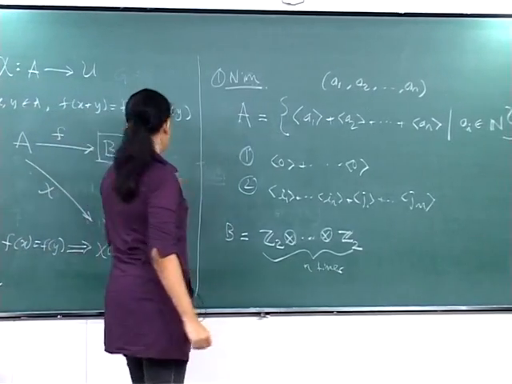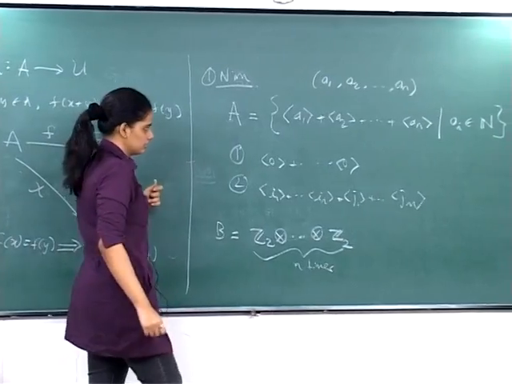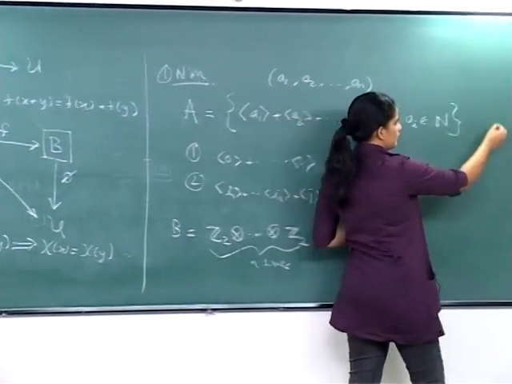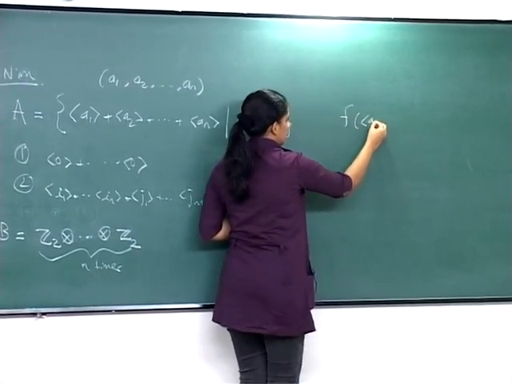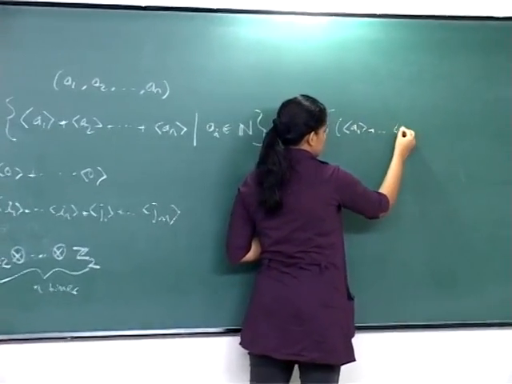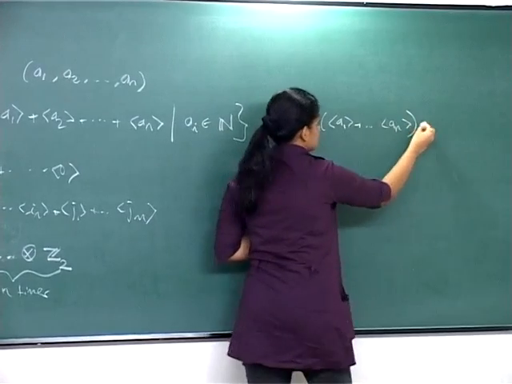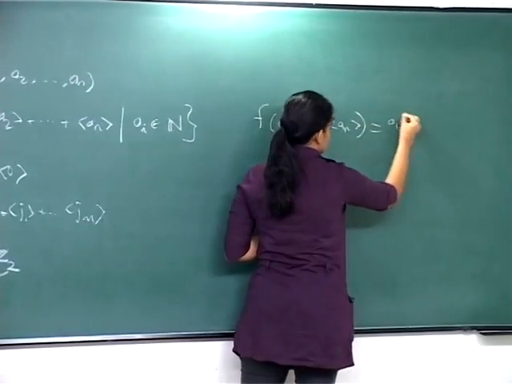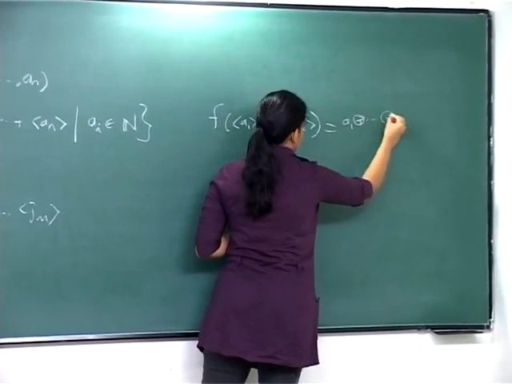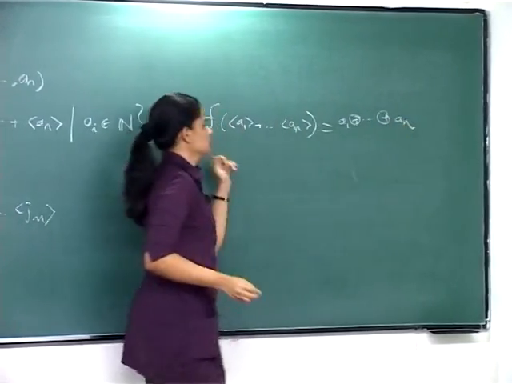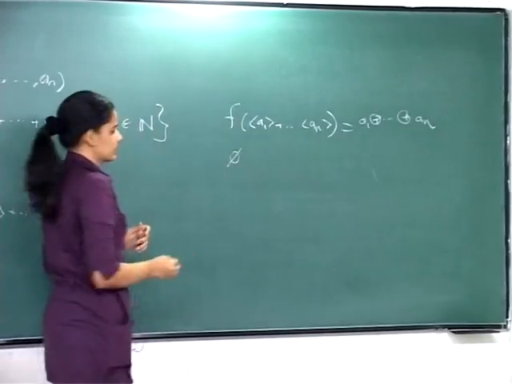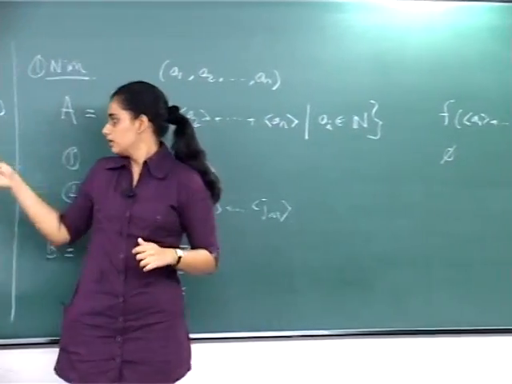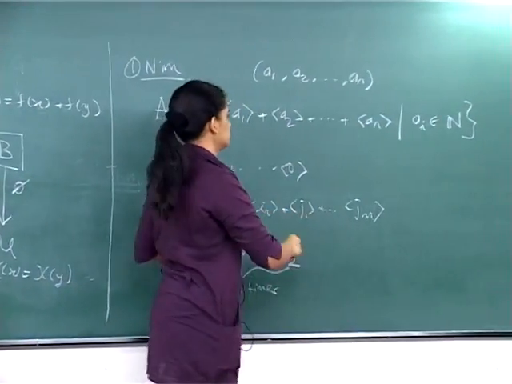Now my f function will be simply f of a1 up to an. This I define as a1 XORed up to an. So this is my f function, and my phi function maps from B to outcomes.